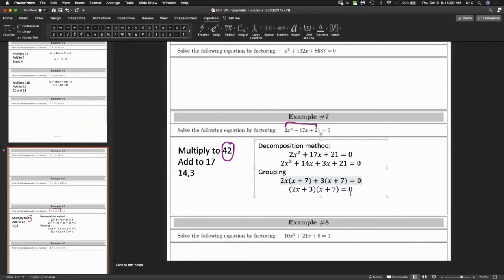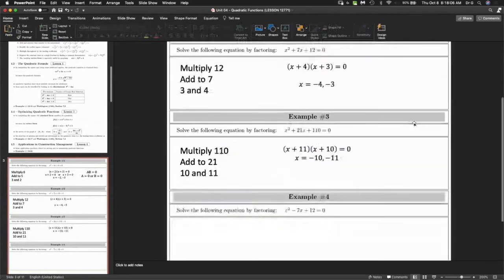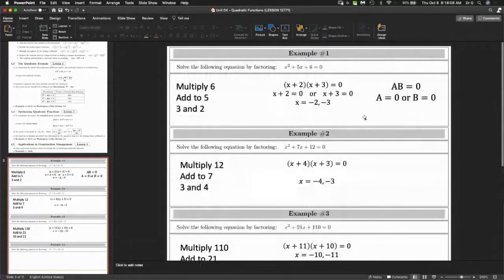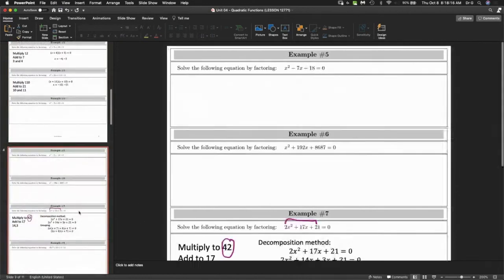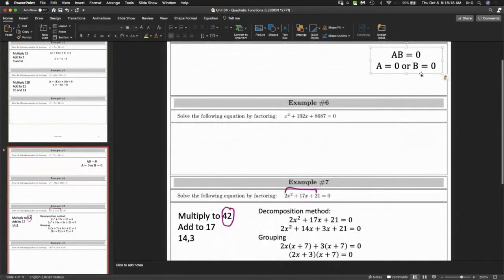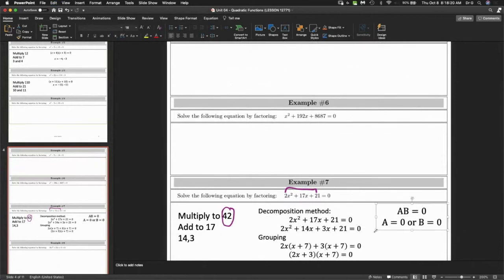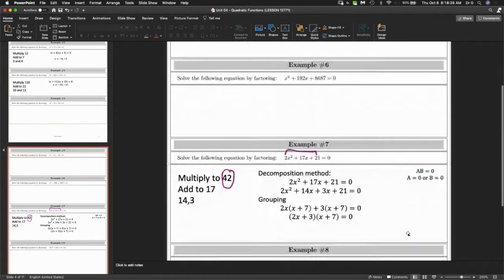So that ends up being the factored form. And then if you recall, we talked about A and B. So you take this idea here, and you apply it to the question.